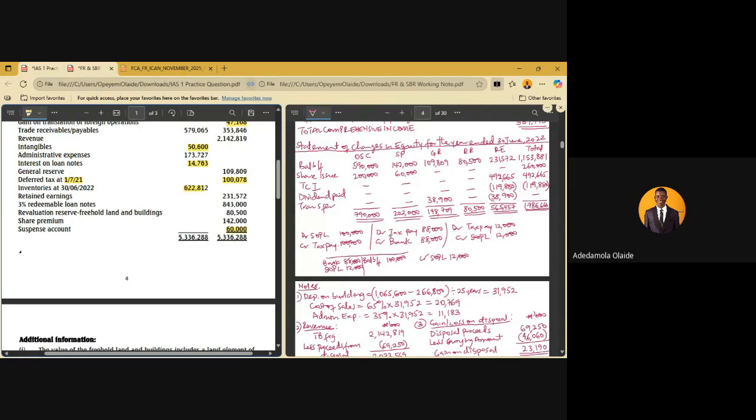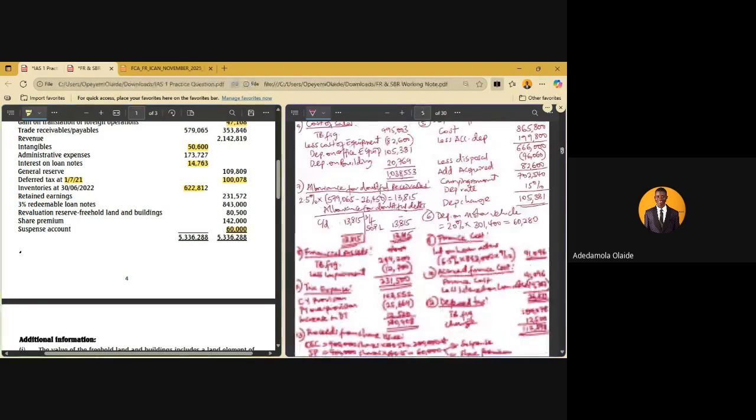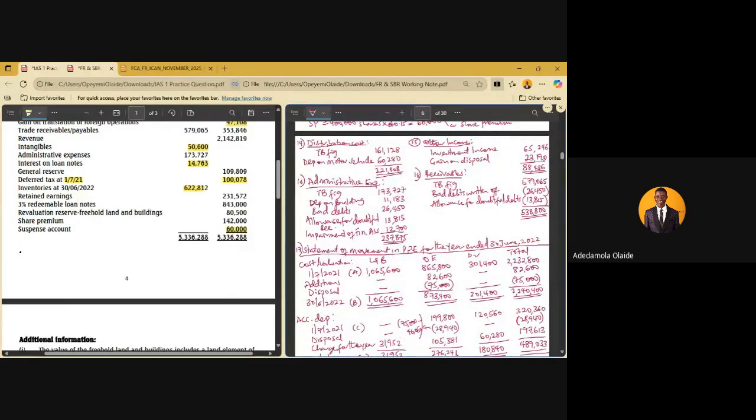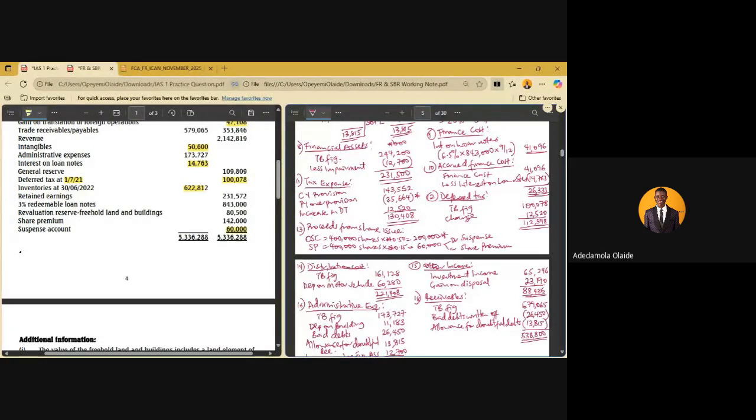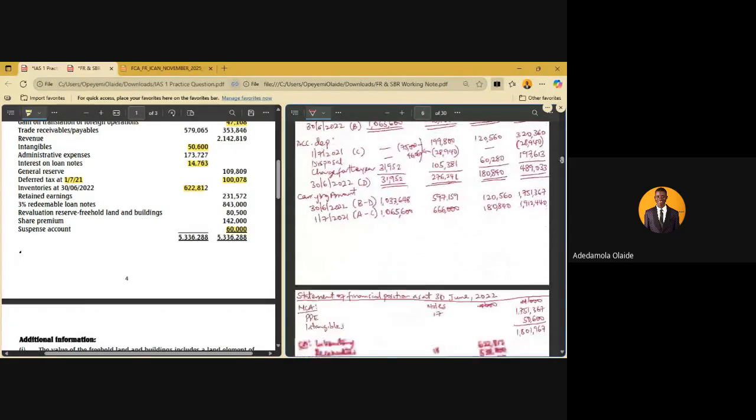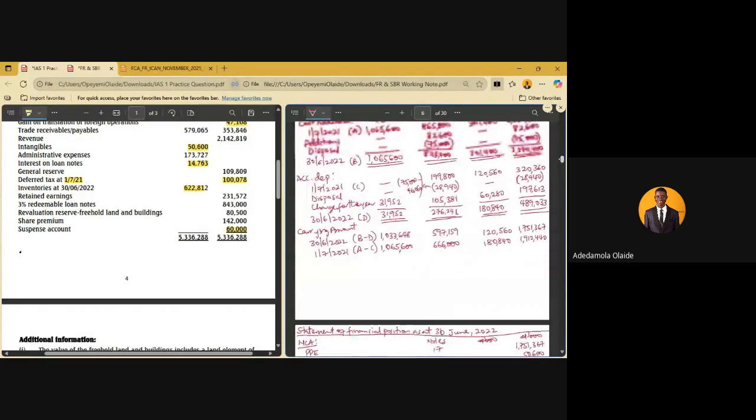But since they did not do it, as we are deducting the money from this, we should also be adjusting the tax payable account, meaning we are supposed to have note 19, tax payable, which will now be what?